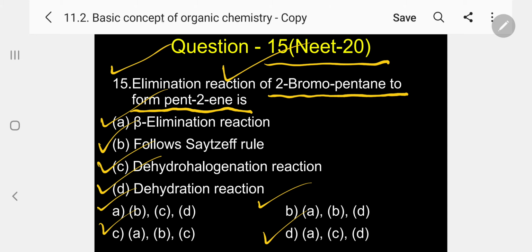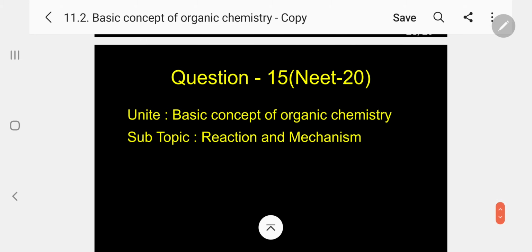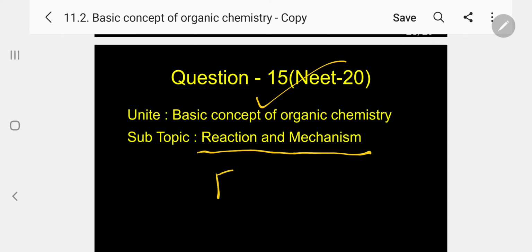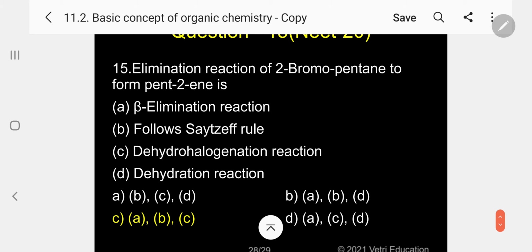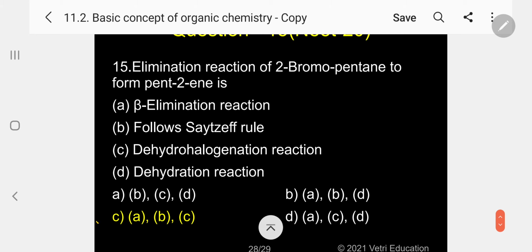This question comes under the basic concept of organic chemistry, specifically reaction and mechanism, that is either E1 or E2 depending upon the nature of the substrate molecule. Kindly follow. Let me come back to the question now. The answer given is C.